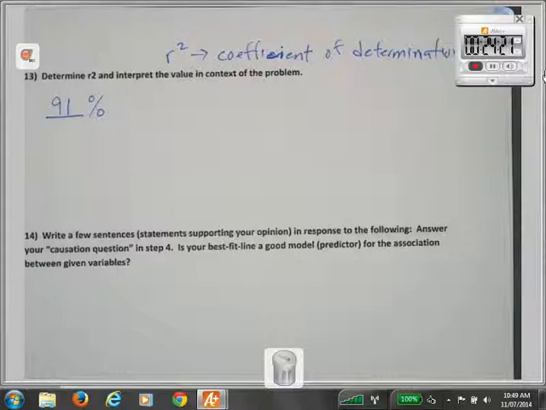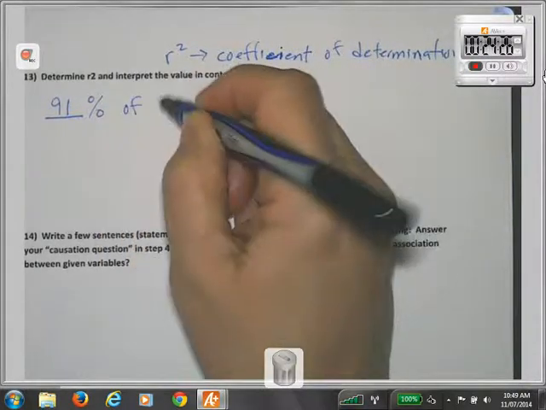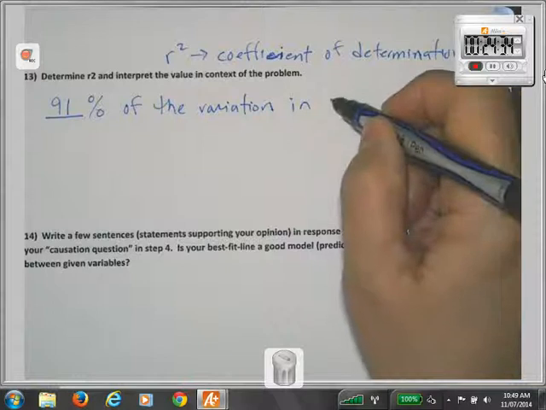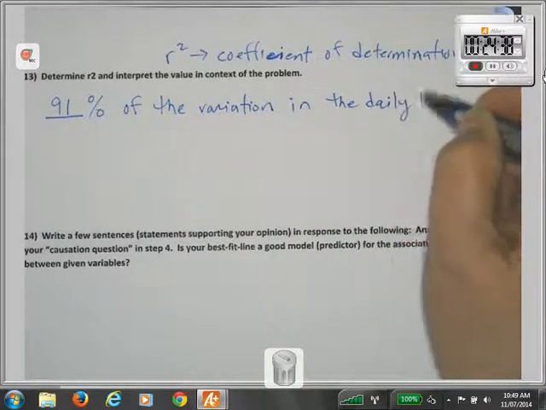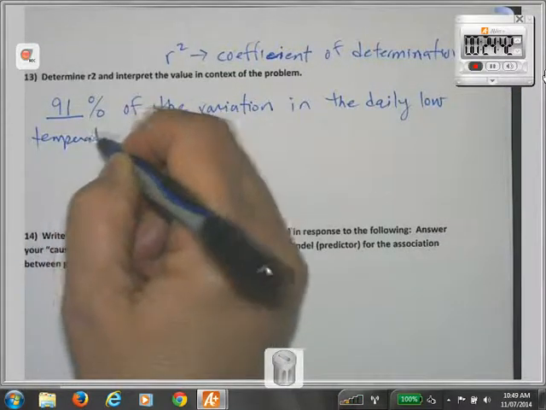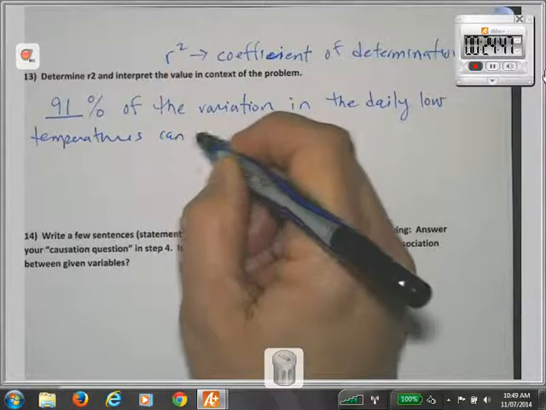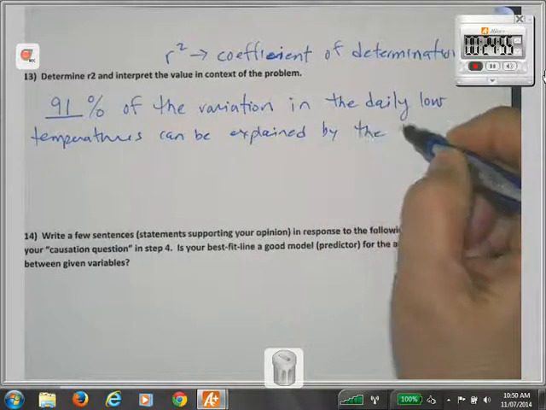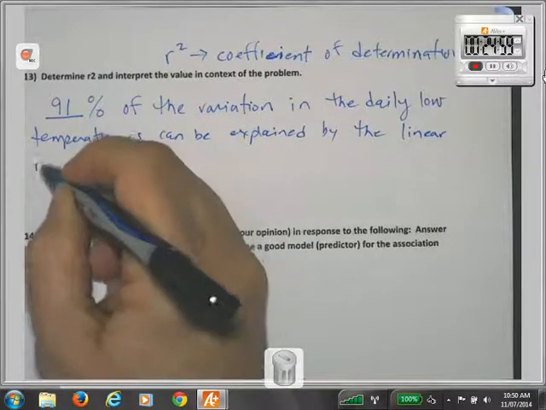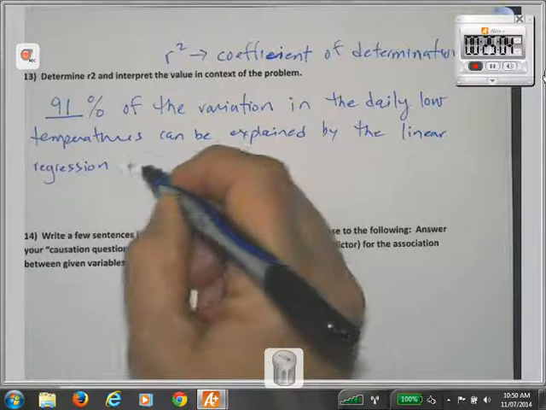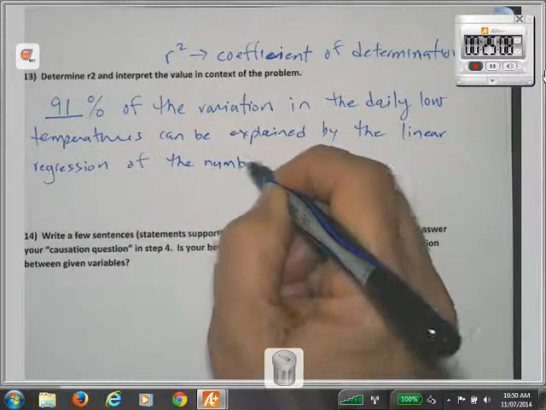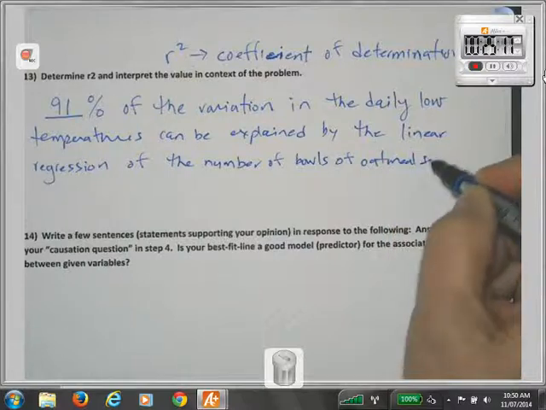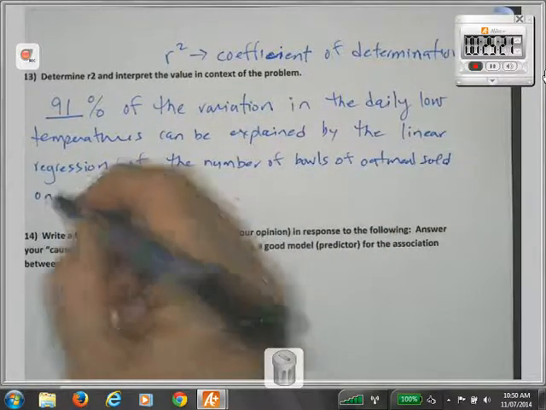Okay, so here we go. 91% of the variation in the daily low temperatures can be explained by the linear regression, which is simply the line that we made, of the number of bowls of oatmeal sold on low temperature.